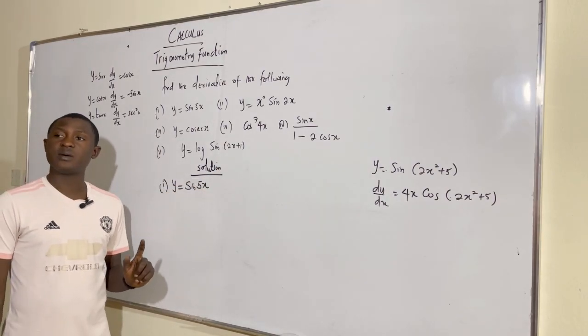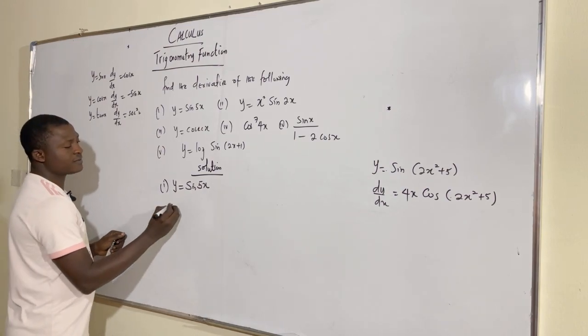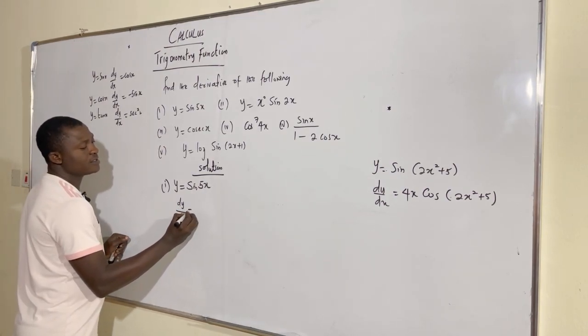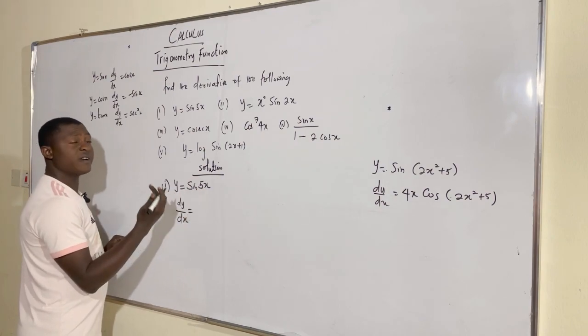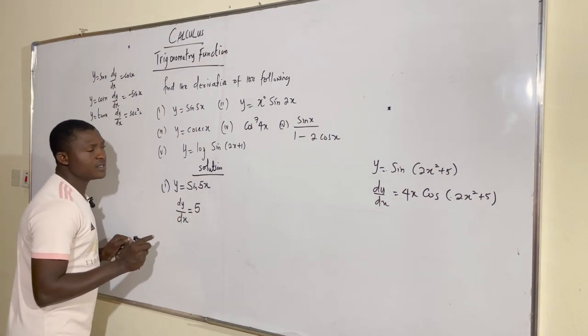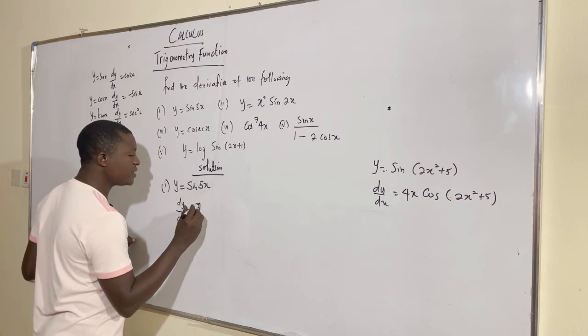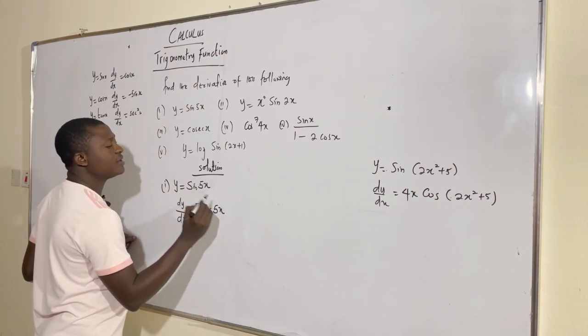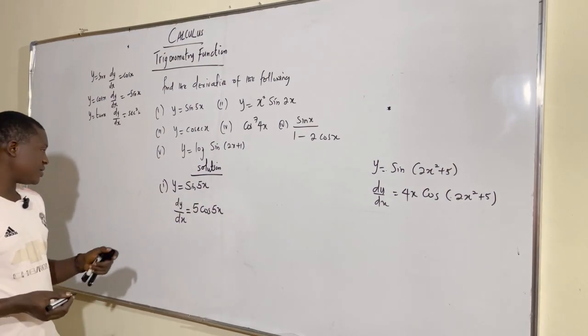We can quickly use that approach. So here I can have dy over dx is equal to, differential of 5x, that one is nothing but 5, then differential of sine is cos, then repeat the angle back, 5x. Can you see that? This is just the short method.